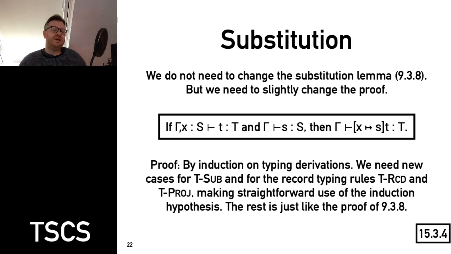We now make straightforward use of the induction hypothesis. The interesting thing is it's just like the proof for the substitution lemma that we already did. It's just mechanically applying the same principles now to the new rules that we introduced. And that's why I leave it out, because it's only mechanical. You can do this, but you will get bored pretty soon.